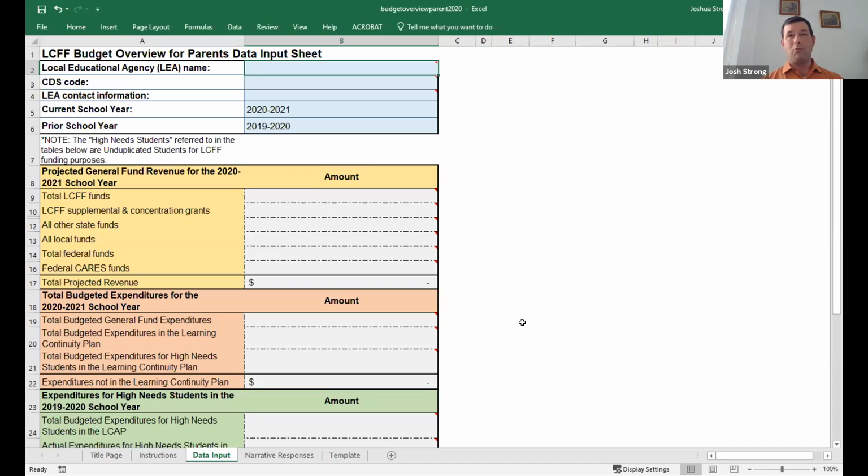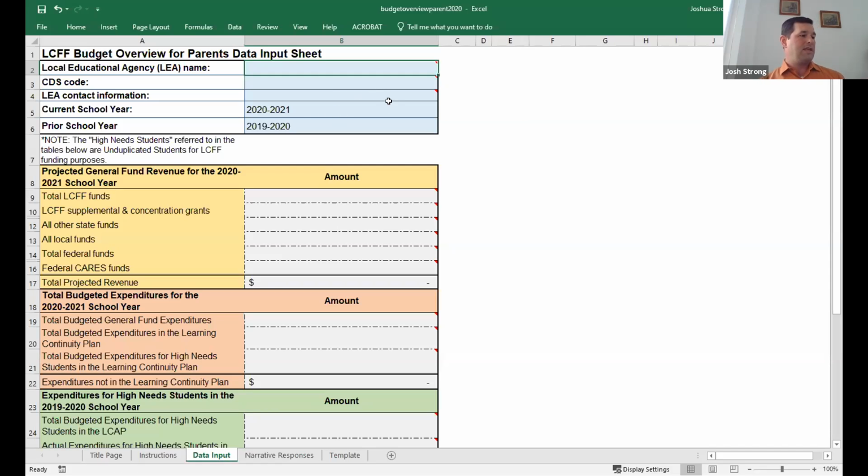Now, there's nothing that would prevent an LEA from providing that information in addition to what's in the template if they want to, but just so you know, title page, instructions, data input, and narrative responses are not required to be posted. The template is required to be posted, and we'll talk about that later.